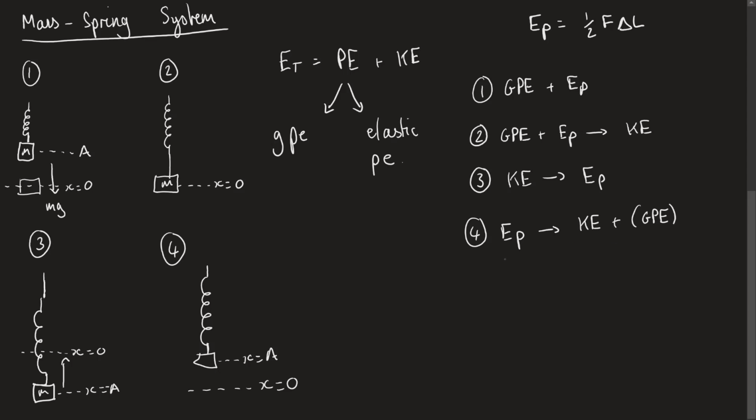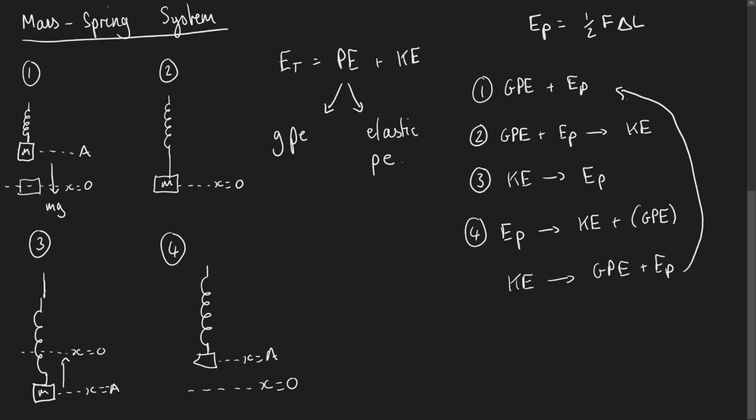Then to get to x equals a, all the kinetic energy is transferred into gravitational potential energy and elastic potential energy. So we get back to this position here, and then we'll undergo that change again.